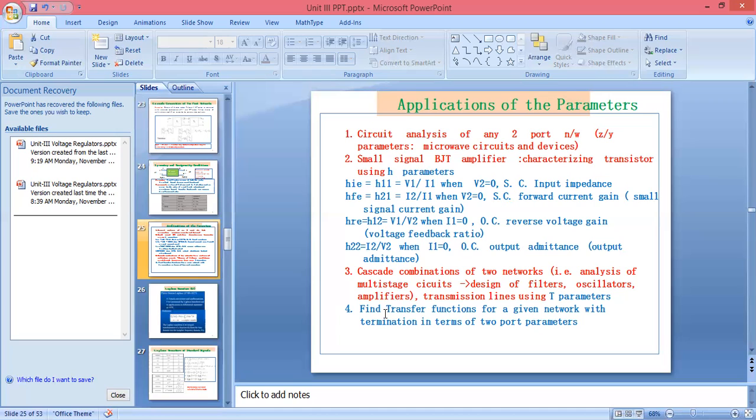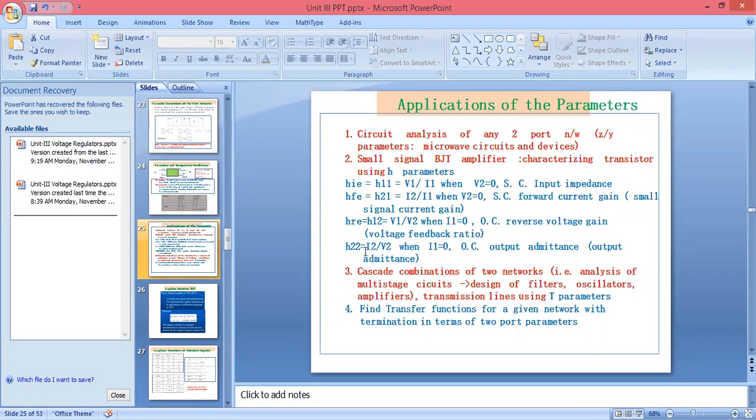If we are supposed to find the transfer function for a given network, we can use the parameters to derive the transfer function for that network. So these are some applications of the parameters: in the BJT amplifier and multi-stage amplifier, for circuit analysis, and to derive transfer functions.